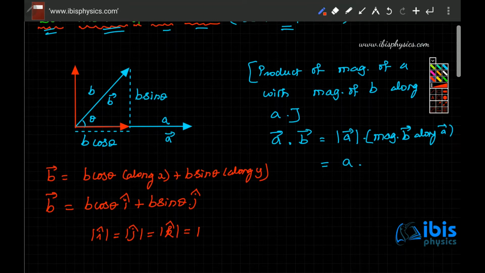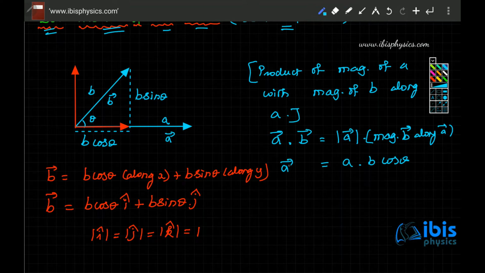So then, the magnitude of a, and the magnitude of b along the a vector. The b vector has two components, b cos theta and b sin theta. So the value of the vector b along the x-axis or along the a vector is b cos theta. So magnitude of a into b cos theta.